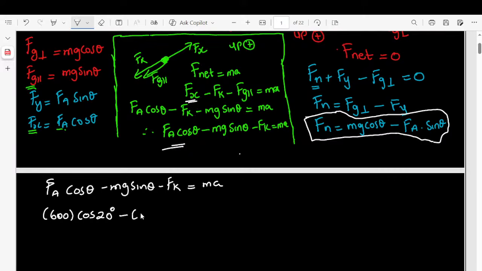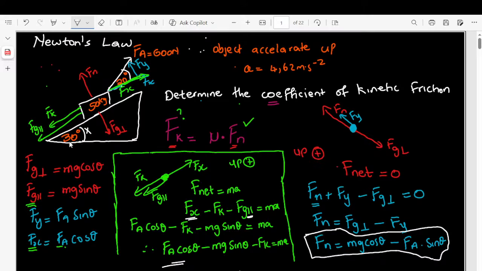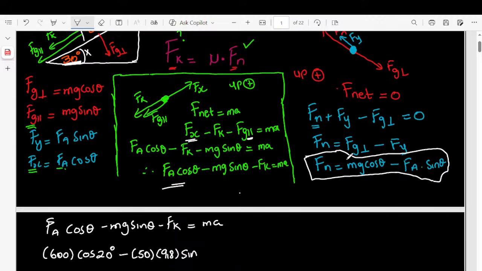The mass is given as 50. G is 9.8. The sine of what is your theta? Remember, this one, mg, the sine of theta, it's FG parallel. And which angle are we using? We're going to use this angle, the 30, the one for the incline. You need to be very careful.